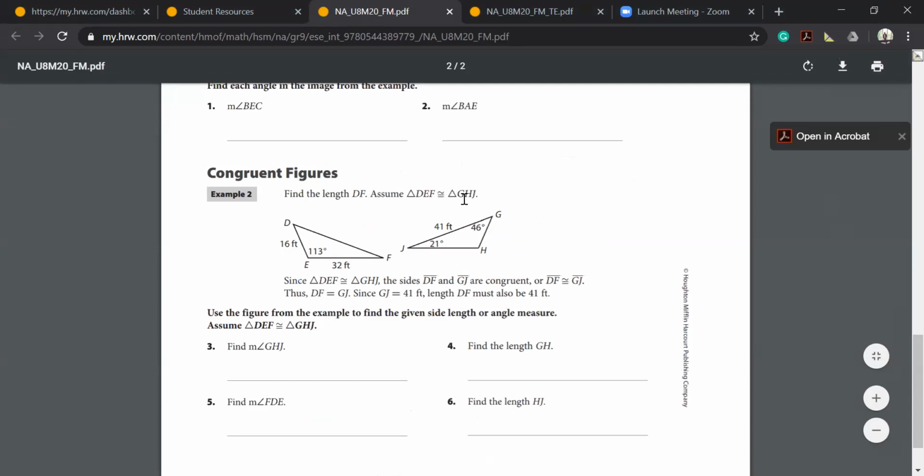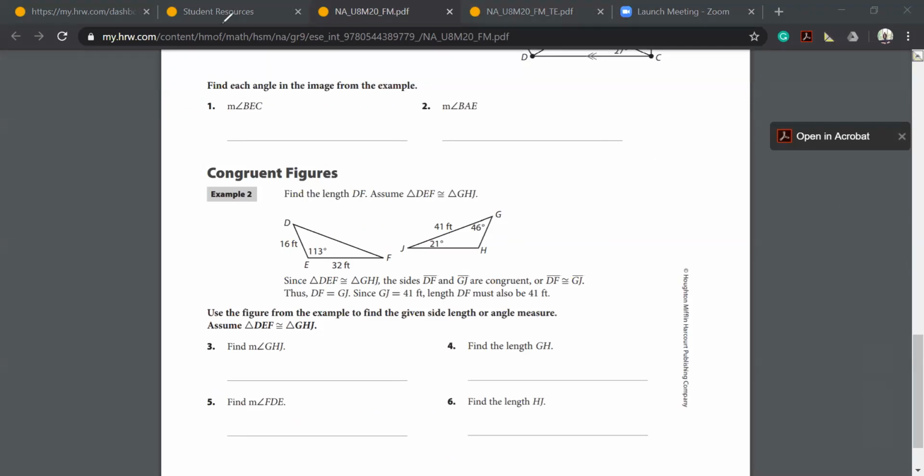You remember I told you whenever you see these things, you have 6 congruence statements that you can write. The first thing we said is we have 3 for the sides. The first side is DE is congruent to GH. Did you see I'm doing this from here, not even from seeing the figure. So this is the first congruency statement: DE is equal to GH.